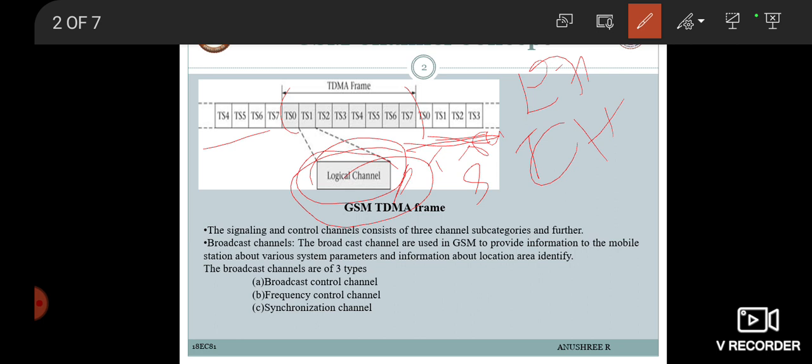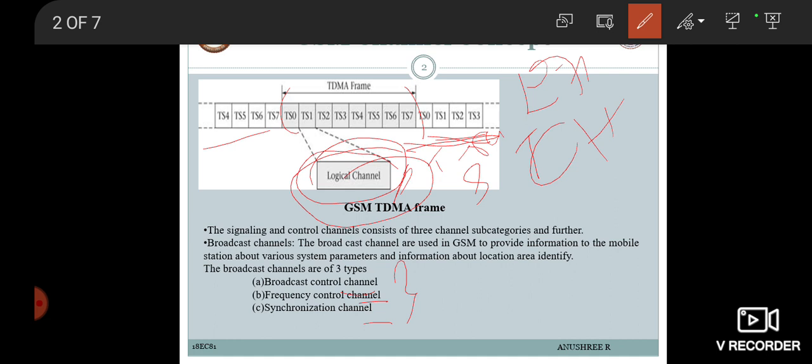Now moving on further, the broadcast channels are of three types. That is, the signaling and control channel consists of three channel subcategories: the broadcast control channel, the frequency control channel, and the synchronization channel.